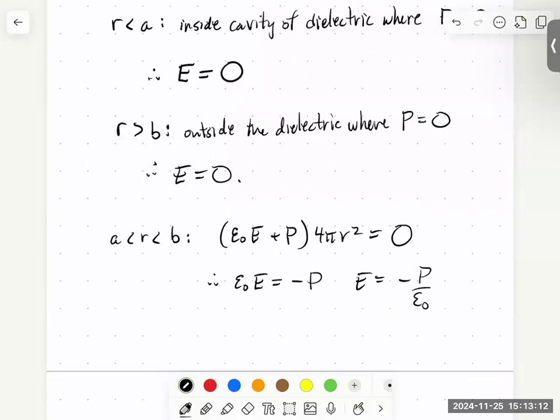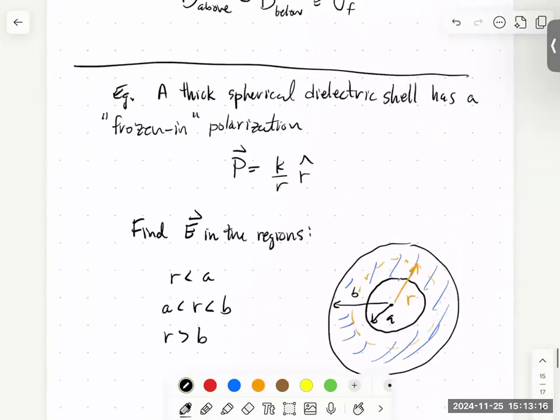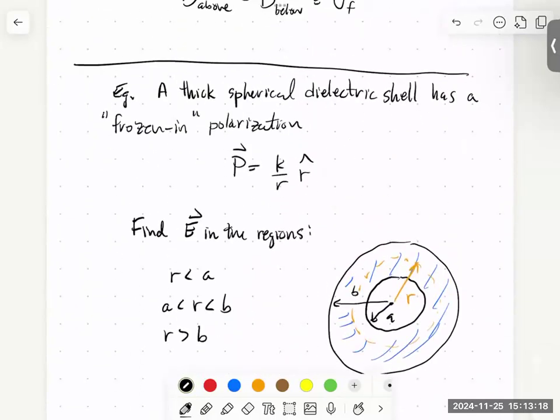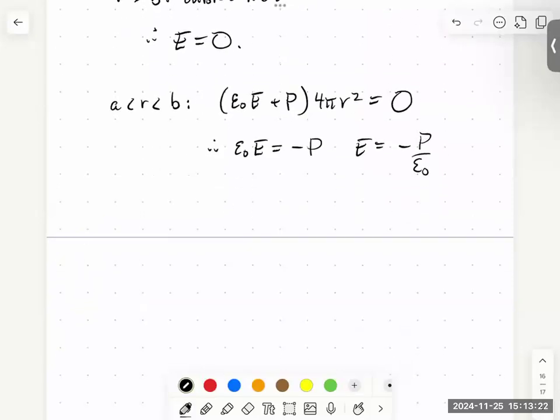But we were given this polarization, I think. Yeah, it was K over R in the R hat direction.